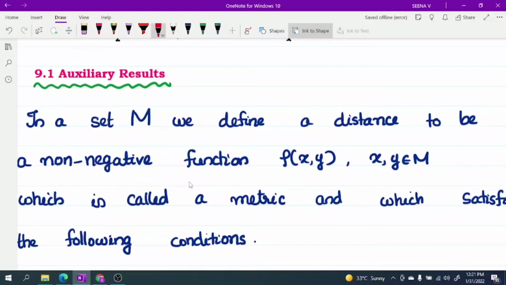In a set M, we define a distance. Okay, distance as a non-negative function rho of xy for x, y belonging to M. We are defining a function rho of xy, or distance function, or we call it a metric, if it satisfies the following conditions.